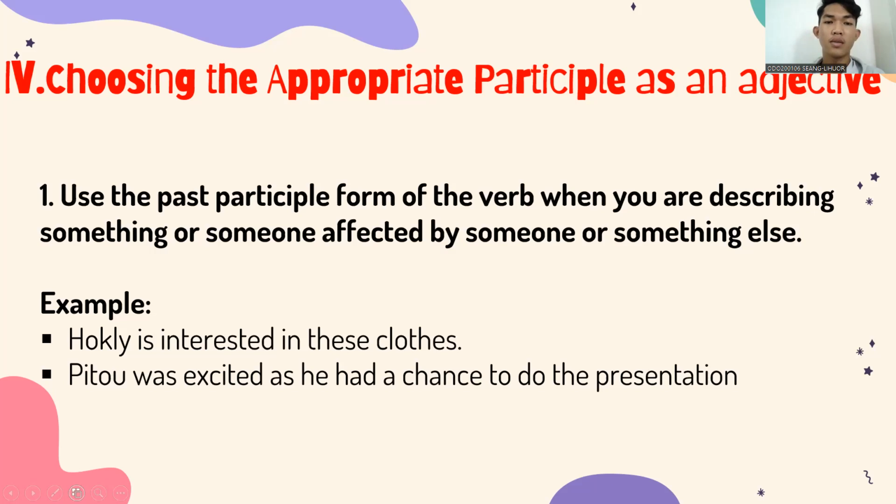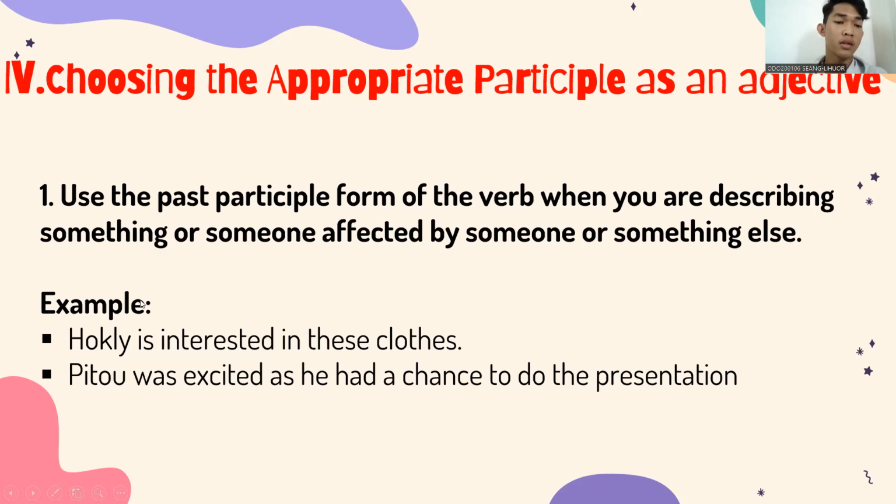Use the past participle form of the word when you are describing something or someone affected by someone or something else. Note this point: it means that you are being affected by something when you use the past participle.